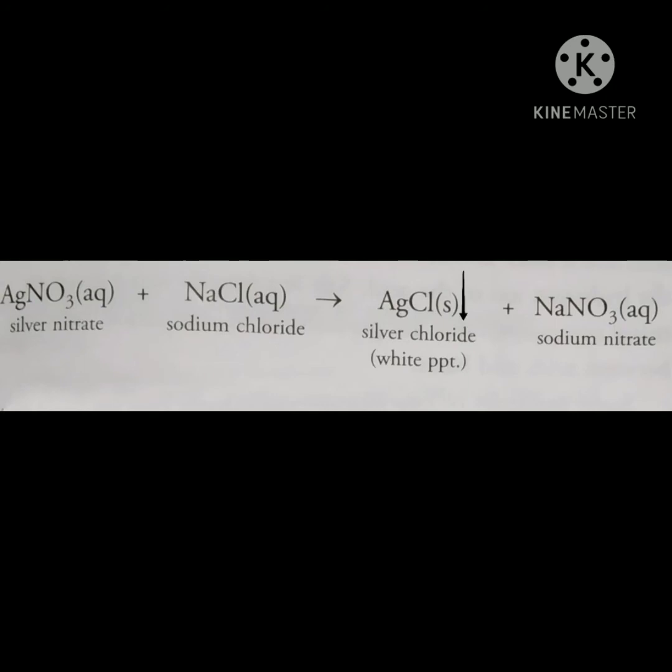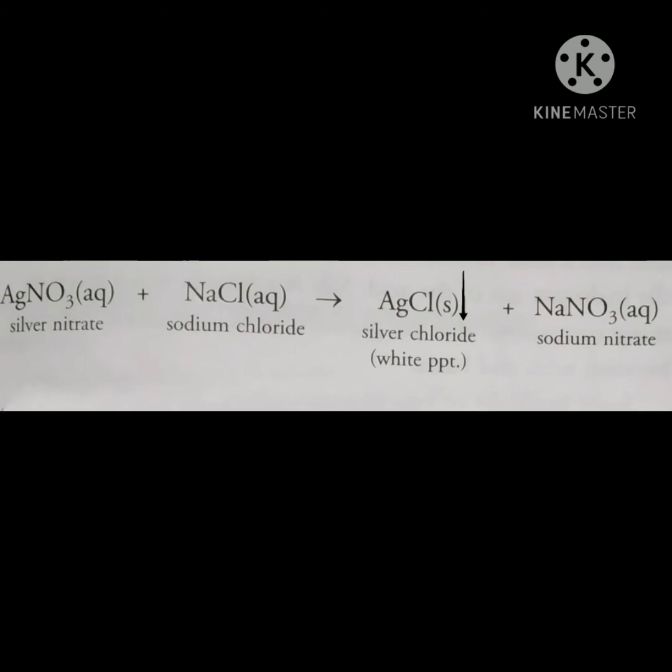So since a precipitate is being formed in a double displacement reaction, this type of reaction is known as a precipitation reaction. If you see the equation, within the brackets next to AgNO3 and NaCl, aq is written. aq means aqueous solution, mixed in water. We should always remember that in a double displacement reaction, we should always take aqueous solutions.